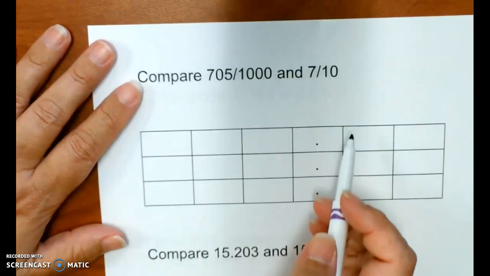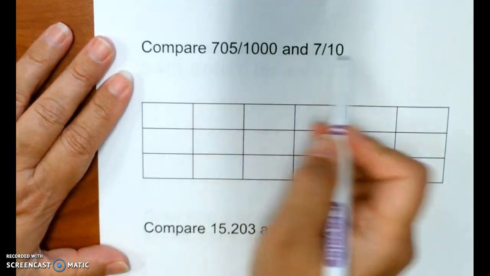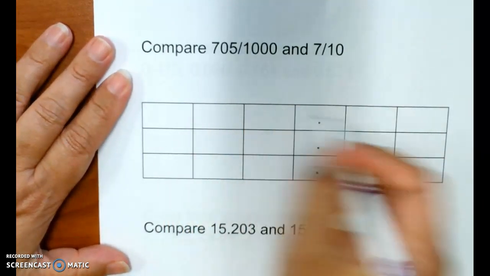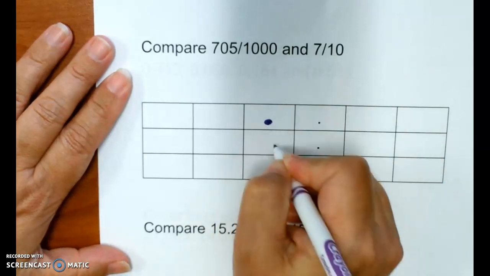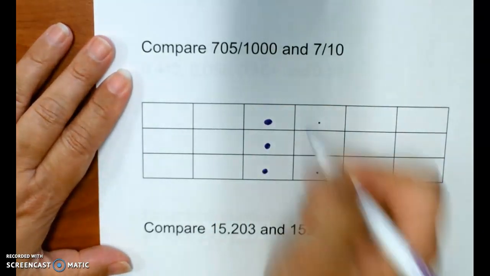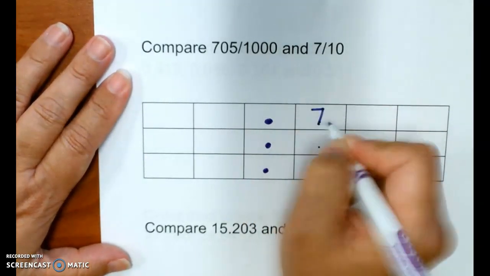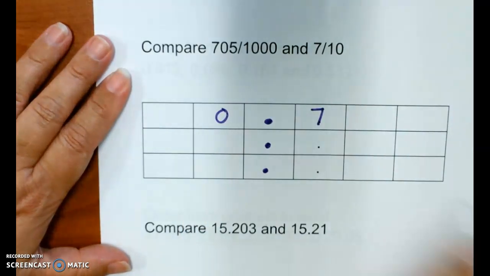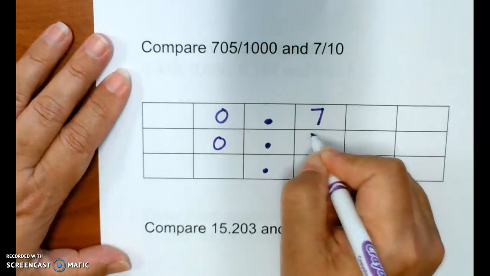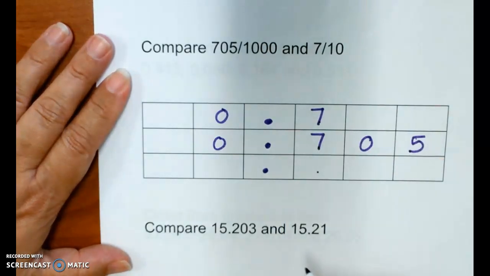Okay, now the next one is 705 thousandths and 7/10. So I'm going to move my decimal points over here because it's still in the wrong spot. I'm going to compare 7/10 and 705 thousandths.